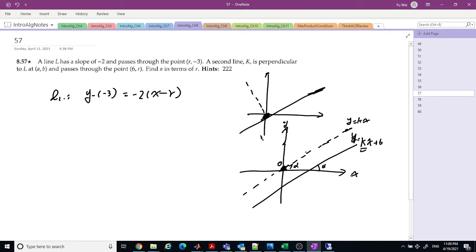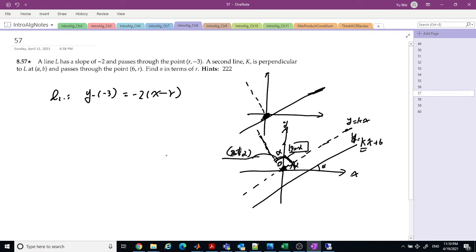If we want to draw another line that is perpendicular, this is 90 degrees, so here is 90 minus alpha, and this is alpha, right? You can see the other angle, the angle of this one, is 90 plus alpha.